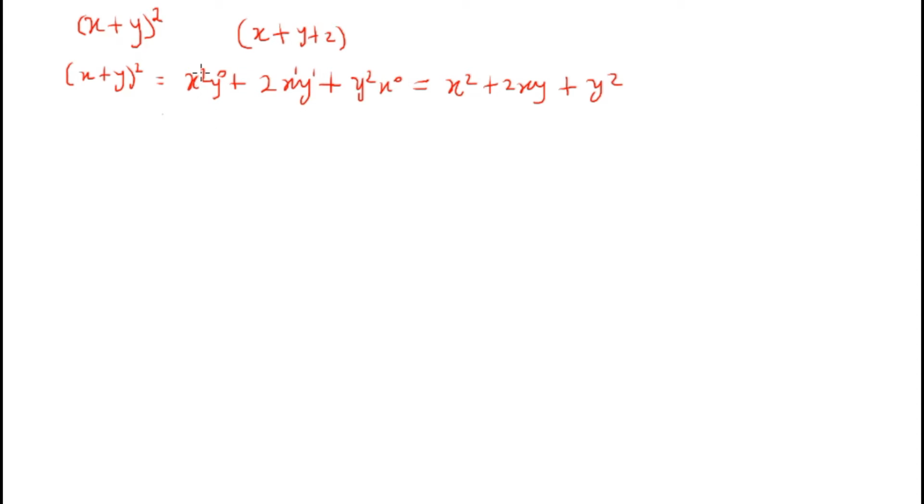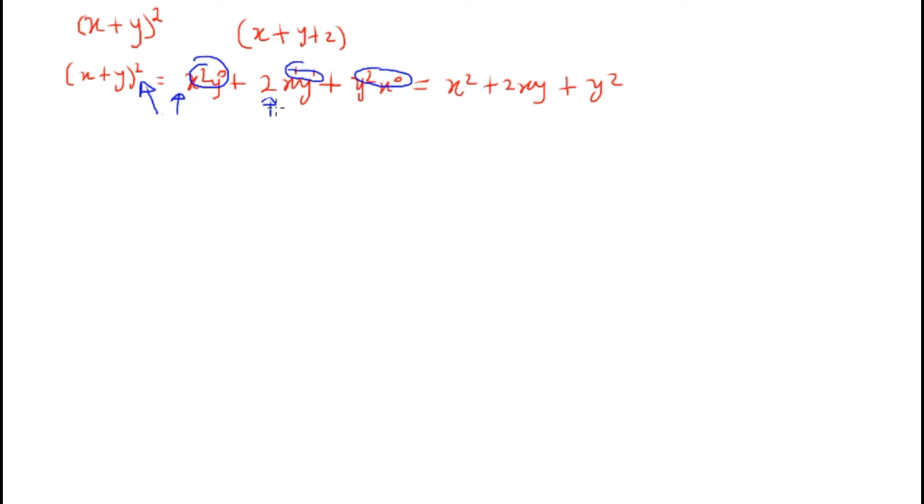Notice that the sum of the powers must always equal the power of the binomial, which is 2. 1 plus 1 is 2, and 2 plus 0 is also 2, which is the power of the binomial.